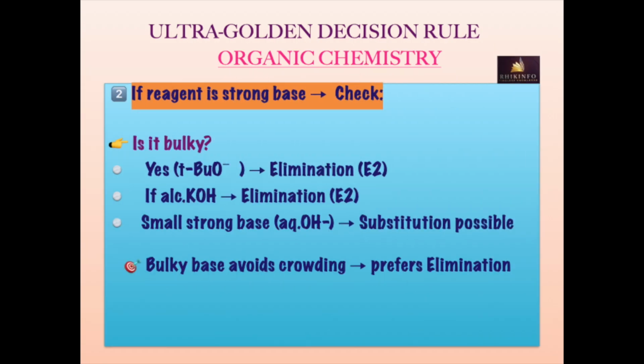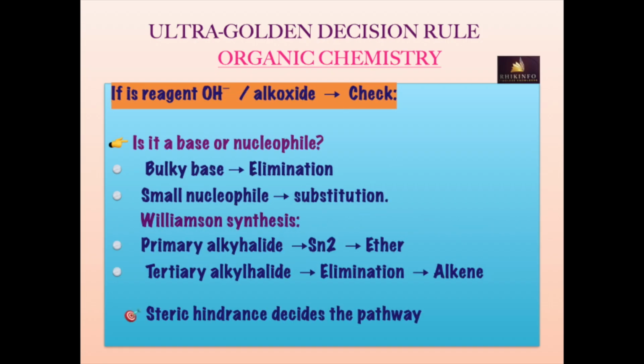Hack number 2. Is a strong base present? Now check, is it bulky? A bulky base favors E2 elimination. Alcoholic KOH also favors elimination. Aqueous KOH or hydroxide ion favors substitution, especially in primary halides. Remember, bulky base, elimination.